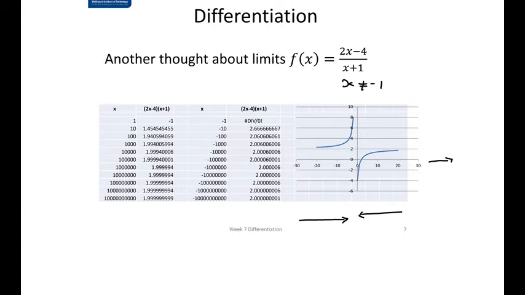So there we could say that the limit is 2. And if you look at the picture, both parts of the graph are heading towards 2. The right-hand part of the graph is tracking up towards y equals 2, and the left-hand part of the graph is tracking down to y equals 2.